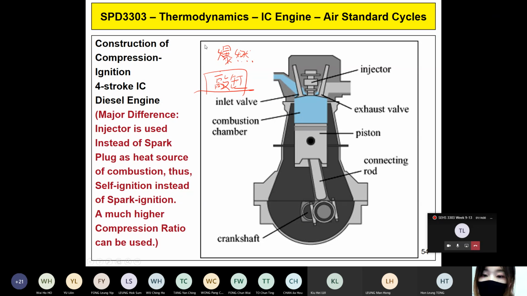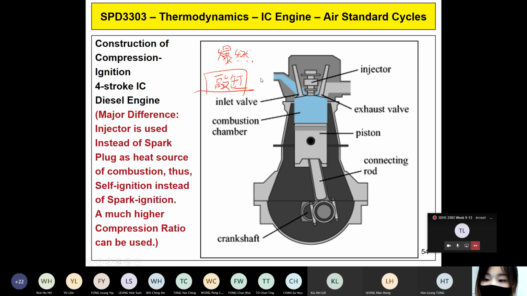In order to avoid knock, what will we do? Instead of taking in a mixture of air and fuel during the intake stroke, here we don't use a mixture of diesel and air anymore.